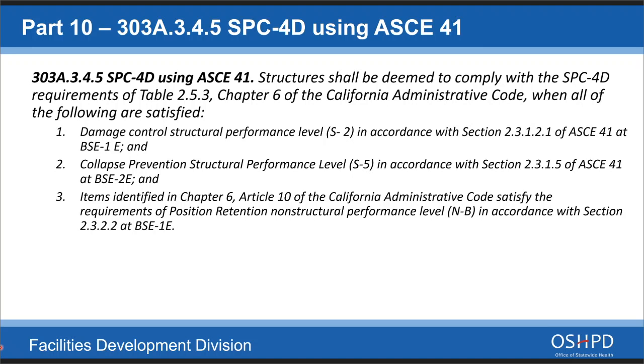What is the BAC1E? BAC1E is the 20% in 50-year design earthquake, and we are still sticking with the ASC 4113, which then references the ASC 710, so the ground motions are locked to that period in time.